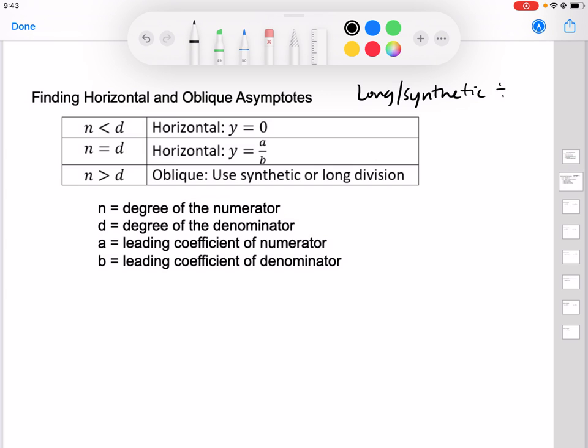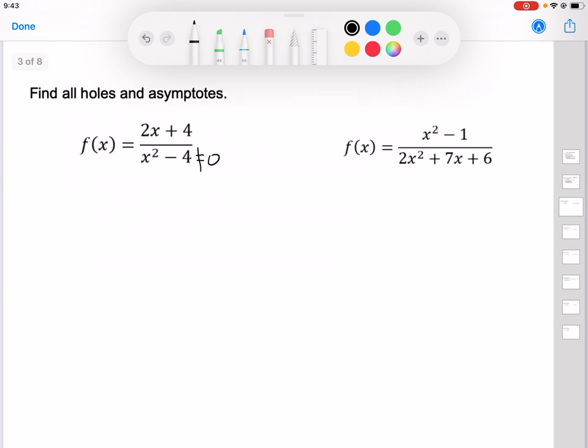Because a horizontal or oblique asymptote is literally you're just figuring out what line you're approaching, getting really close to. So you're doing the long or synthetic division, but taking out the remainder. I'm going to show you how you can find the horizontal or oblique asymptote without needing to know a chart, so you don't really have to memorize this chart.